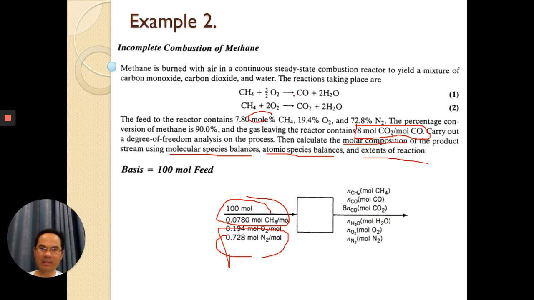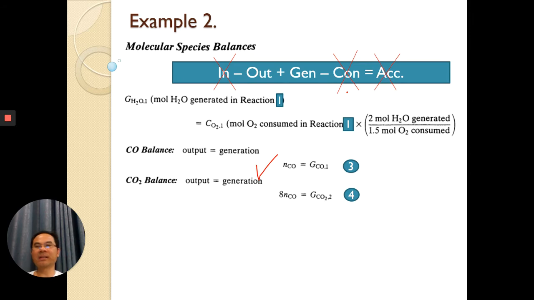You can relate the generation of water to the consumption of oxygen: the generation of water equals the consumption of oxygen multiplied by the relationship based on the reaction, 1.5 mole oxygen consumed to 2 mole water generated.